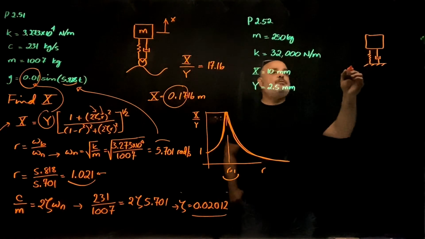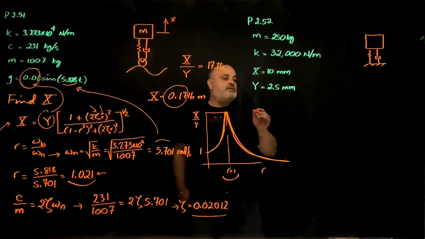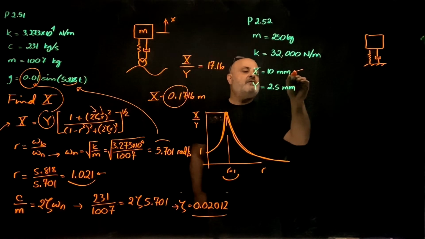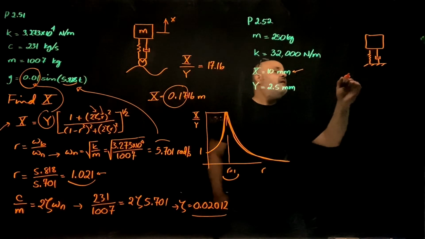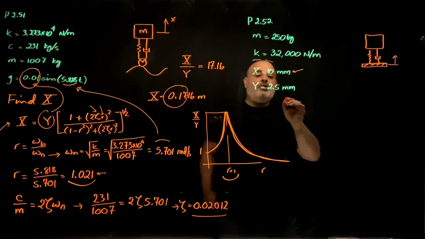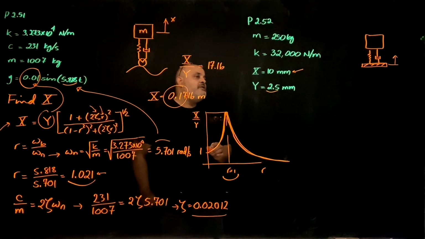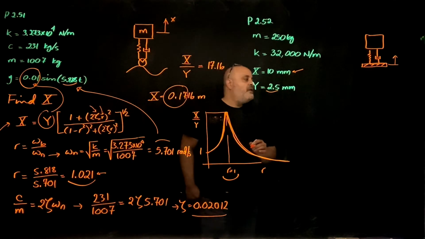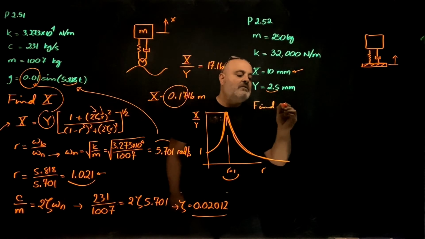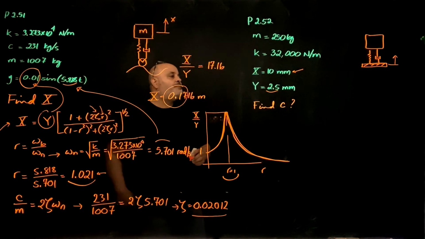The stiffness of the spring is 32,000 newtons per meter, and the mass is observed to move with a maximum amplitude of 10 millimeters when the amplitude of the base motion is only 2.5 millimeters. Based on this information, we need to find the damping constant. C is unknown, so we need to find C.